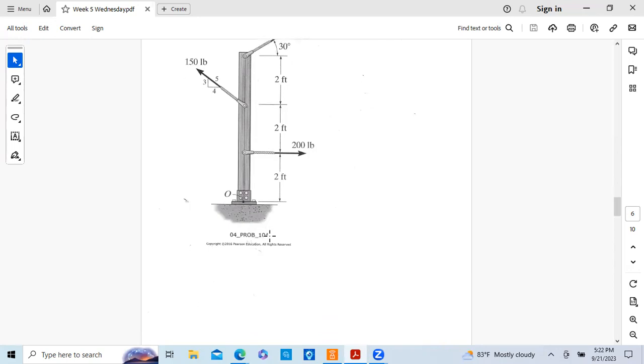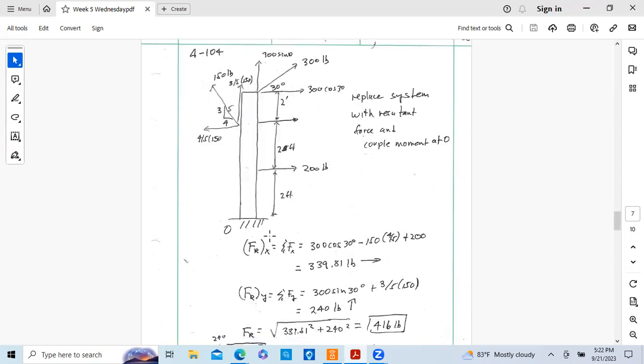So I'm going to redraw this here. Okay, I label the forces. So we want to replace this system with a resultant force and couple moment there at point O down here. So what we do is we break all the forces down into X and Y components.